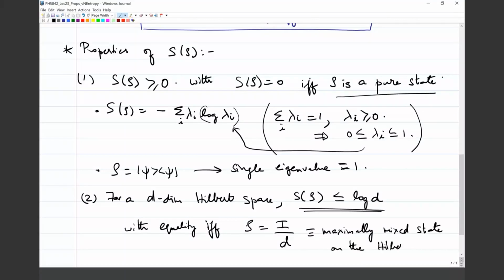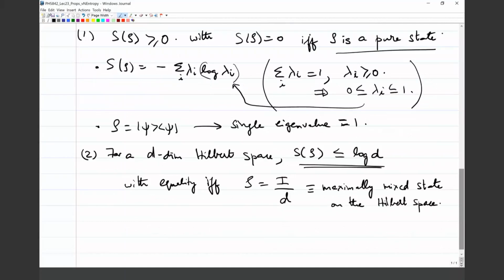So for any d-dimensional quantum system, the maximum entropy that you can have is log d.